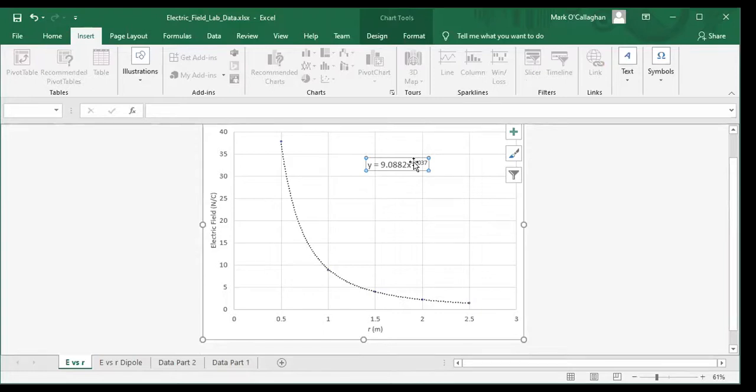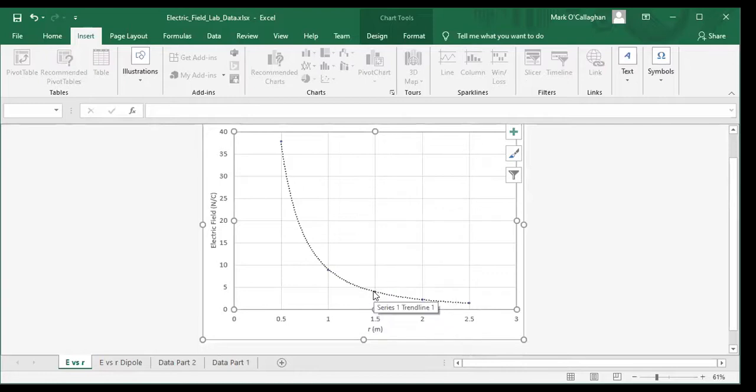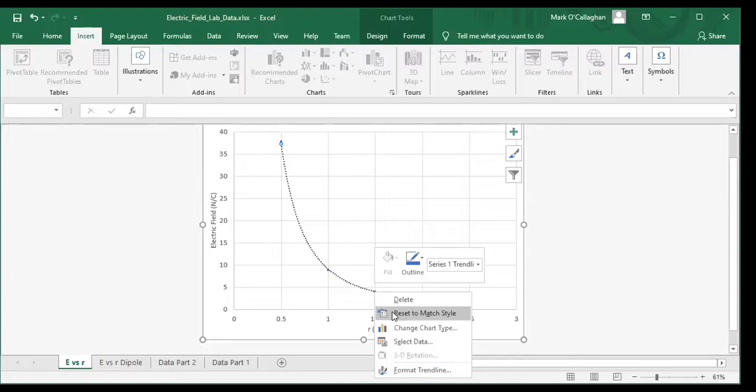All right, so I got rid of it. So add trend line, let's do it again. I'm sorry, brain not working. Select the data first and then add trend line. There it is. Format trend line, very bottom.